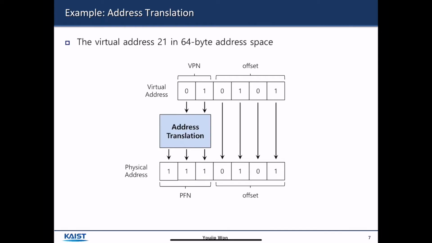So in this address translation, we need a mapping table that maps a given page number to the physical frame number. That's what the page table is for.